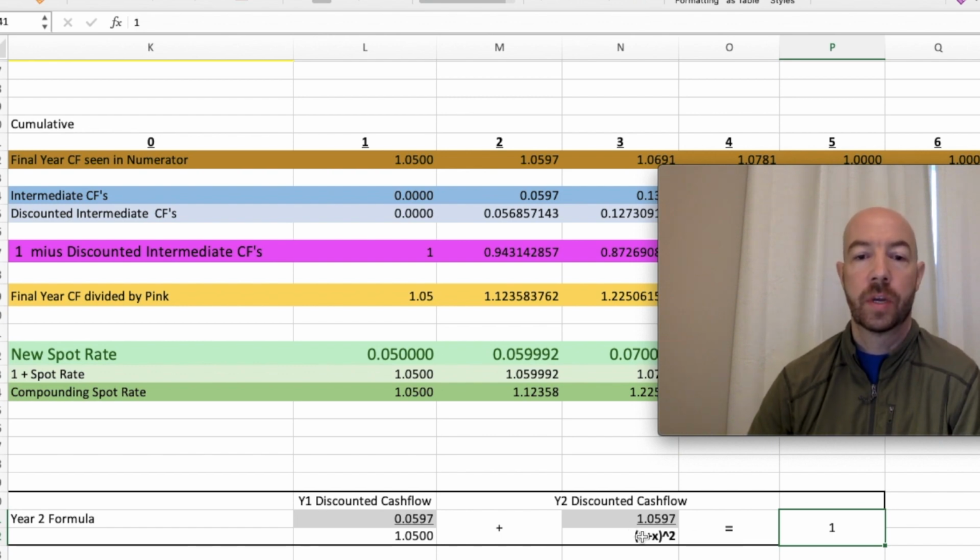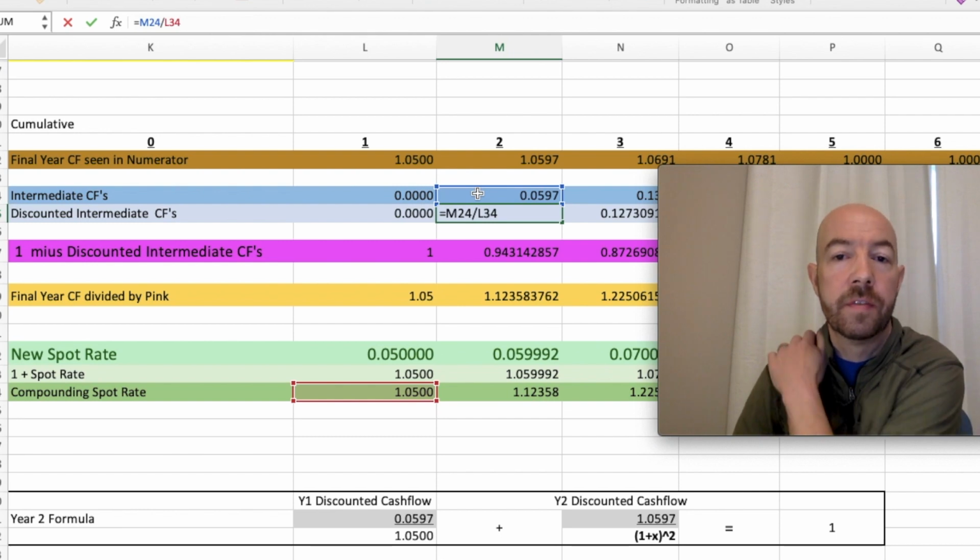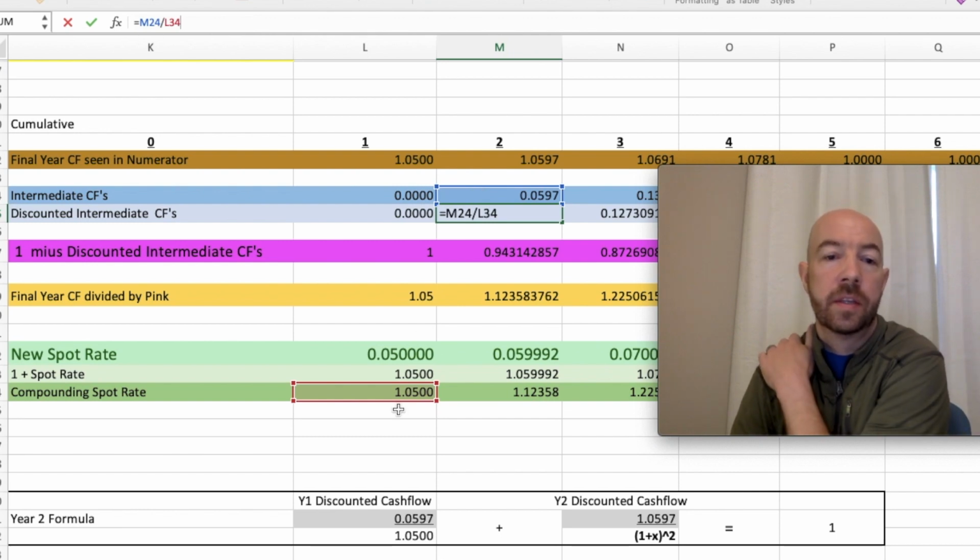And so obviously how would you solve this problem? You'd figure out whatever this number is, this divided by this, which ends up being this number, the blue here, 0.0597 divided by the year 1 spot rate. So obviously, I want to subtract this from both sides.